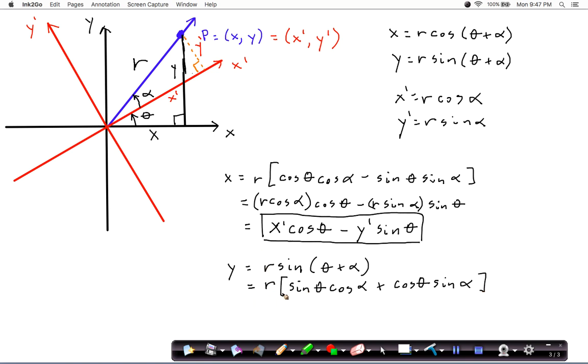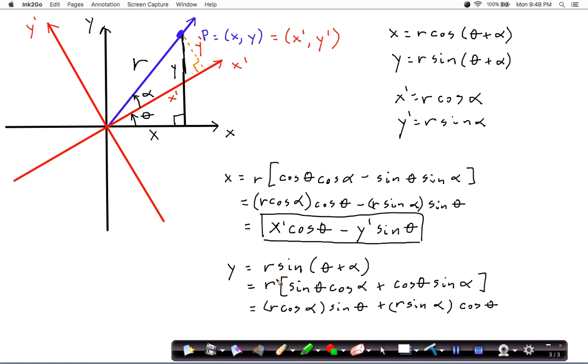Let's do a little bit of creative rearranging again. We'll rewrite this as r cosine alpha times sine theta plus, I'm going to distribute this r, sine alpha times cosine theta. We're almost there.